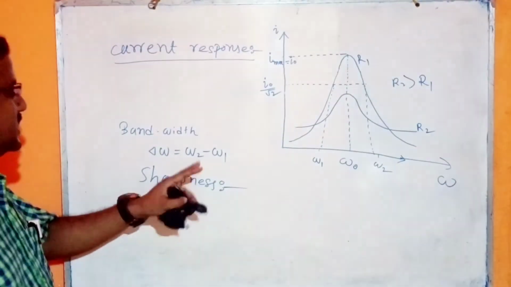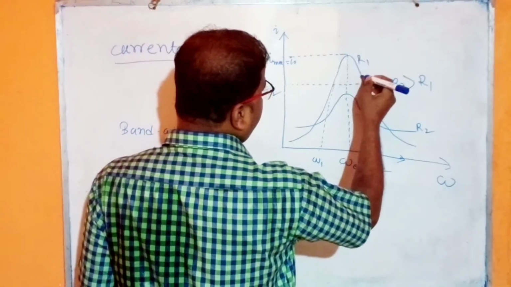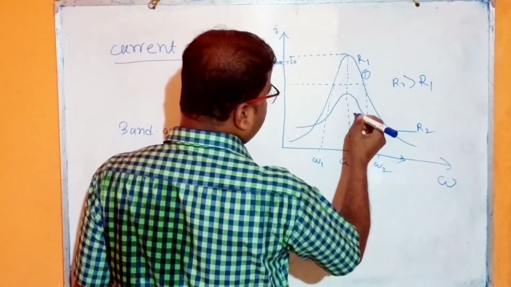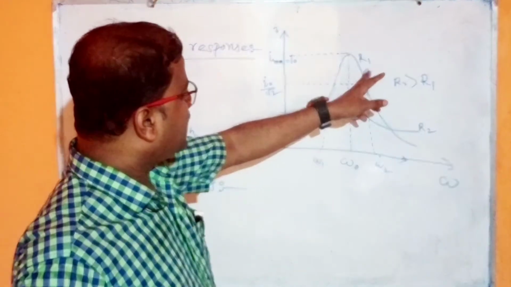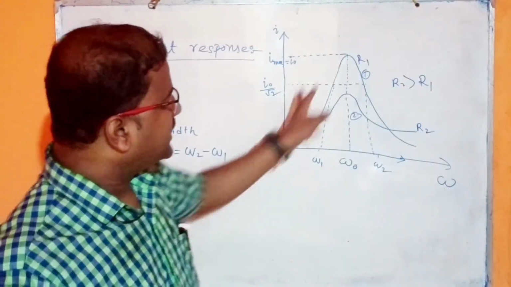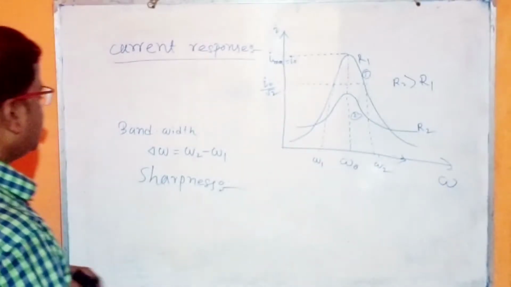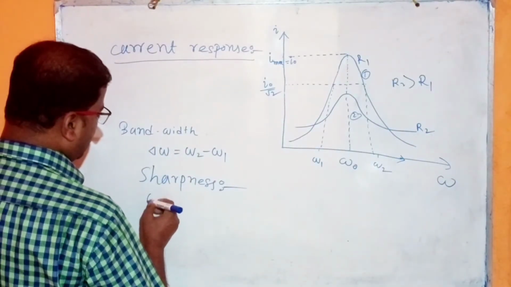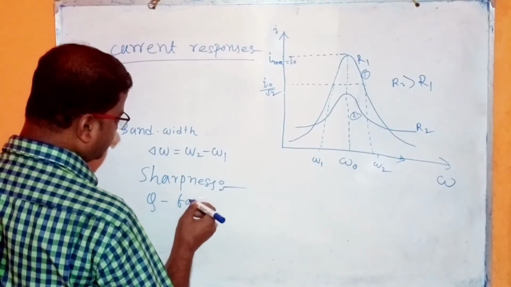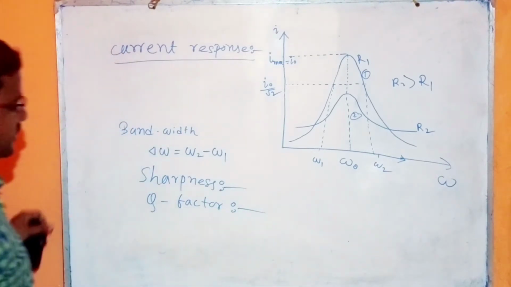This is called the sharpness. Here curve number 1 is sharper than curve number 2. The sharpness of the resonance curve is defined by a physical quantity called quality factor or Q factor.